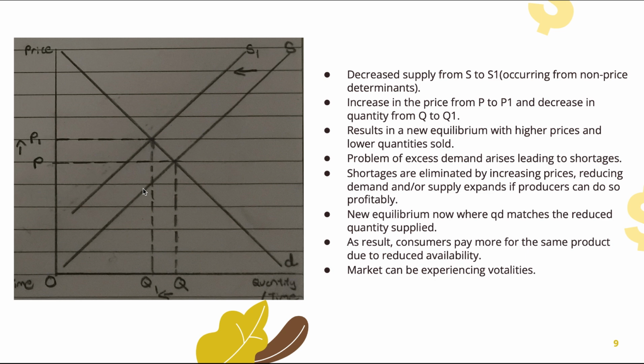But some people may permanently shift to those substitutes, leading to reduced long-term demand of that good. So I hope that diagram makes it clear.